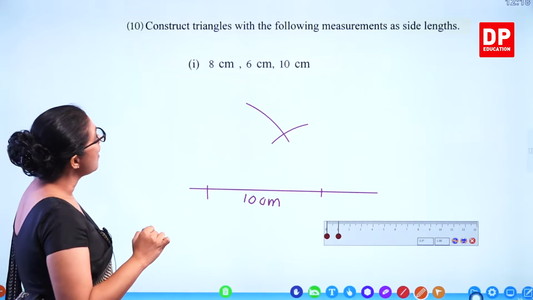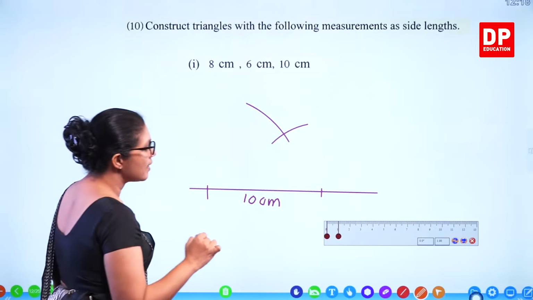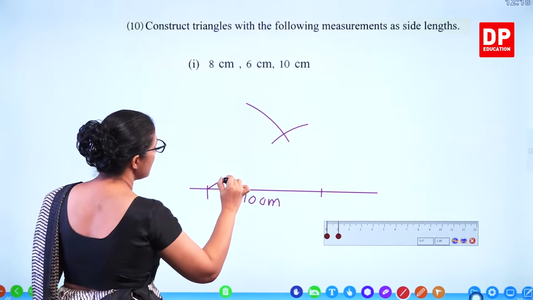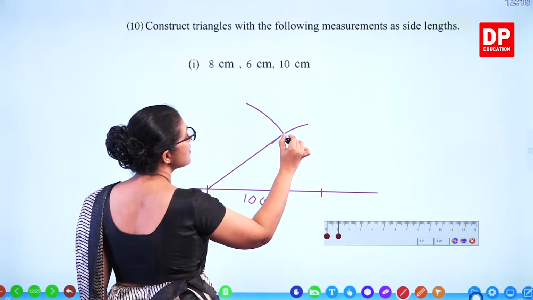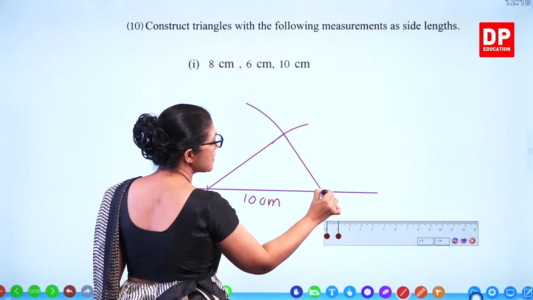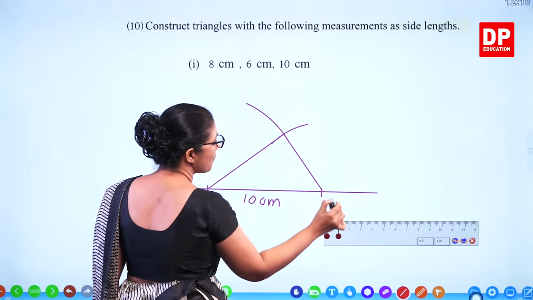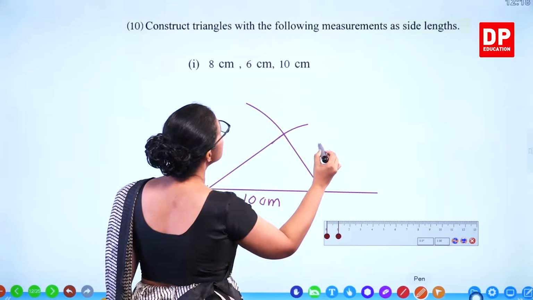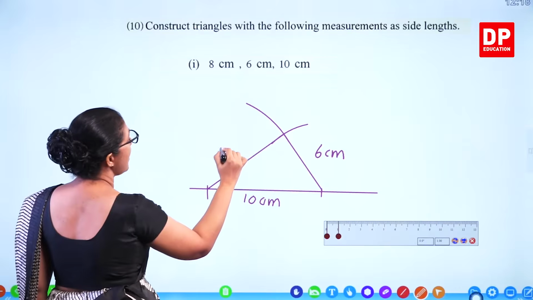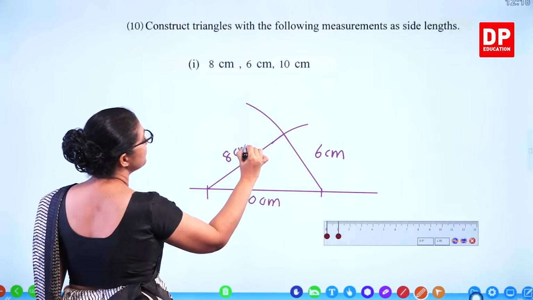Now we have the third point. You can connect this with a ruler, this point with this and this point with this. So this is 6 centimeters and this one is 8 centimeters.